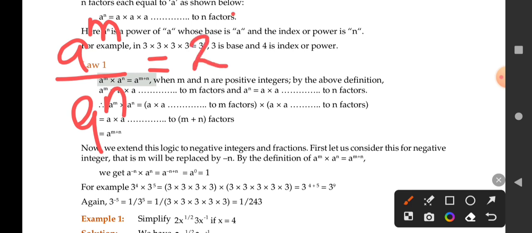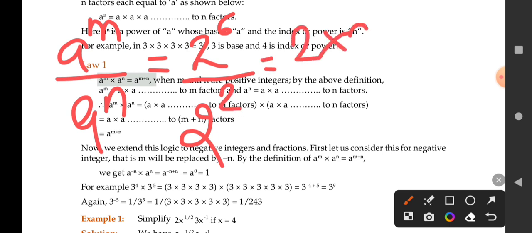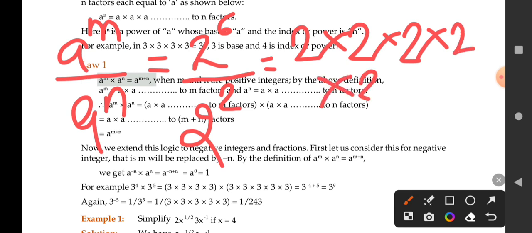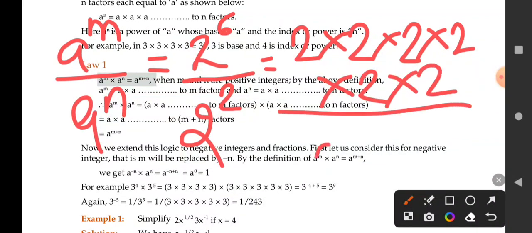2 power 6 divided by 2 power 2. So 2 multiplied 6 times, and 2 multiplied 2 times.